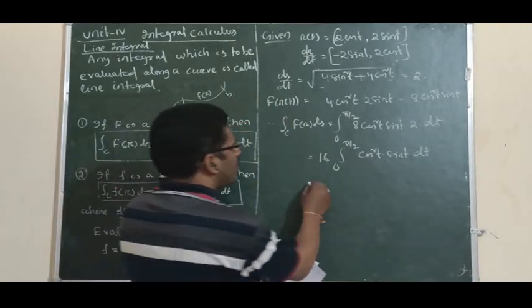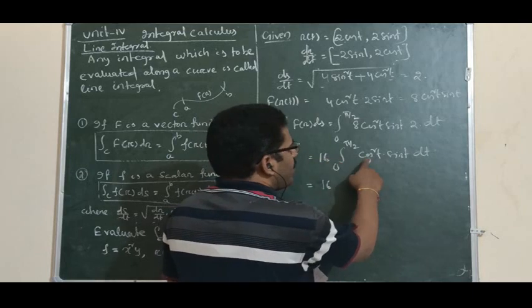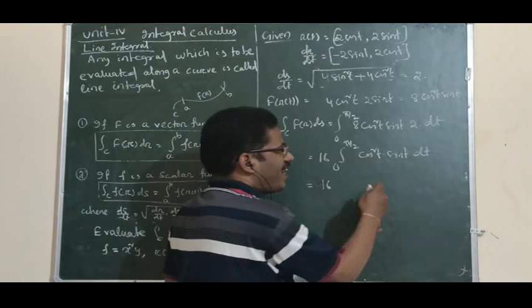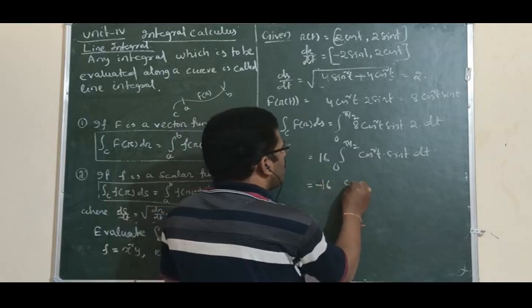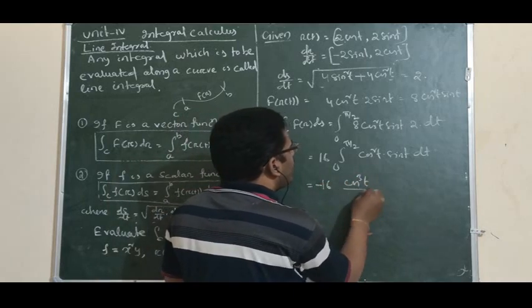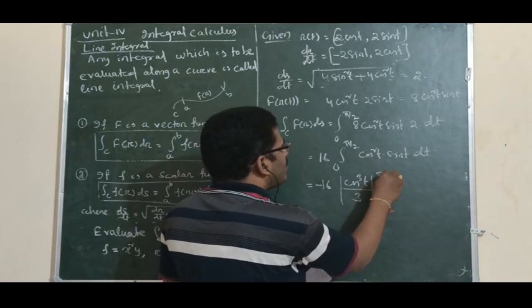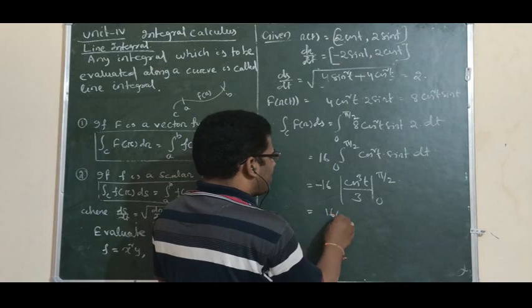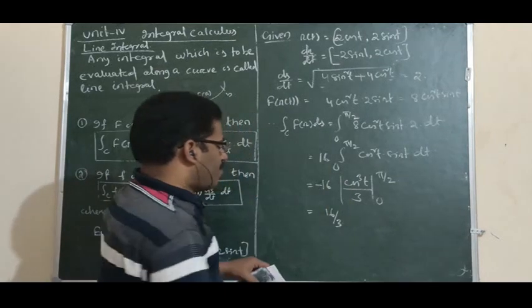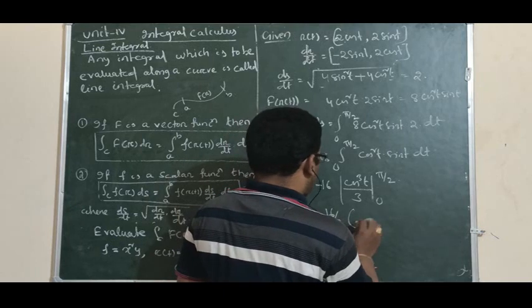How to integrate this one? If I take cos t as k, minus sin t dt, the integration is minus 16 cos cube t by 3, from 0 to pi by 2. That is 16 by 3 times minus cos cube t.